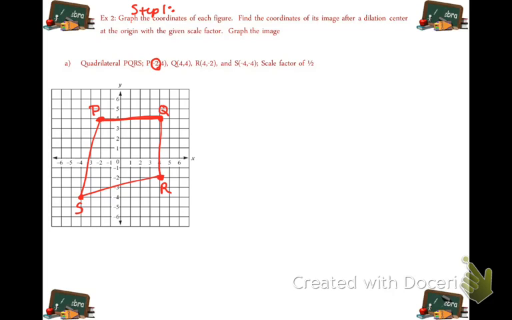Now that's step 1. Step 2 is to make a dilation. So step 2, dilate. Now it says half of, on this one it's half of. So it's saying that it's half of the numbers they gave you.